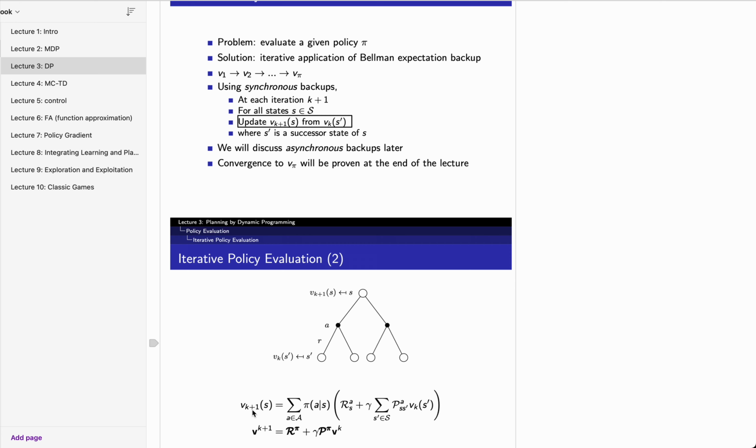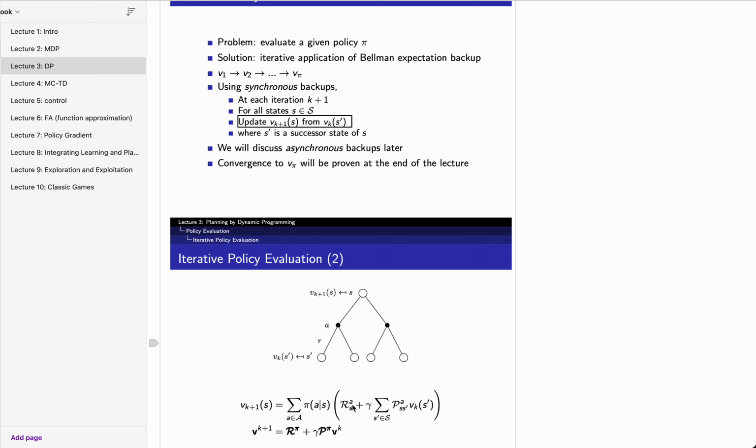So vk plus 1 of s would be equal to the reward after each action, times the policy. So first he's calculating the action value functions here and then multiplying by the probability.